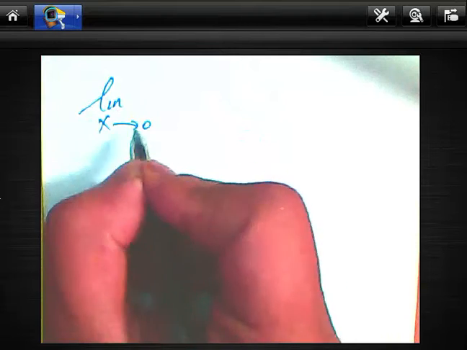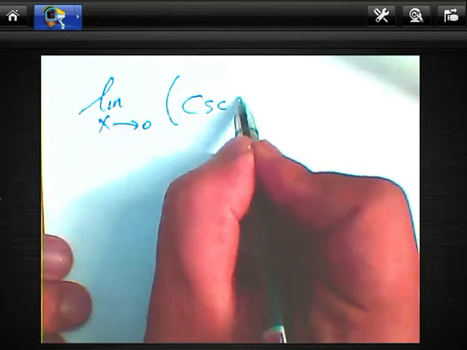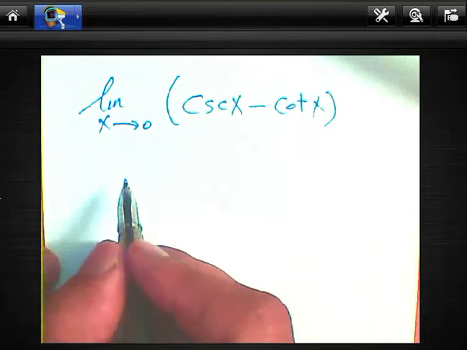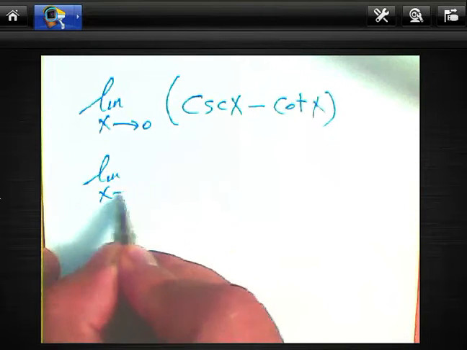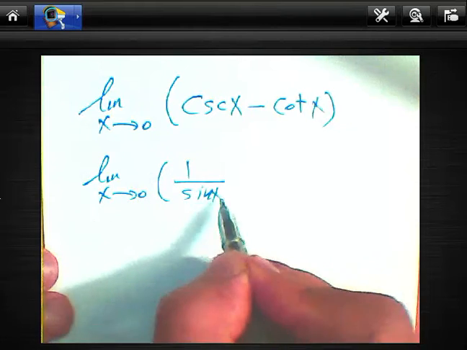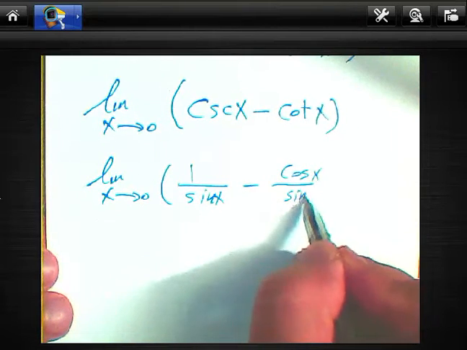Look at another example. Find the limit when x approaches 0 of cosec x minus cotan x. We know cosec is the inverse of sine of x, and cotan equals cosine of x over sine of x.